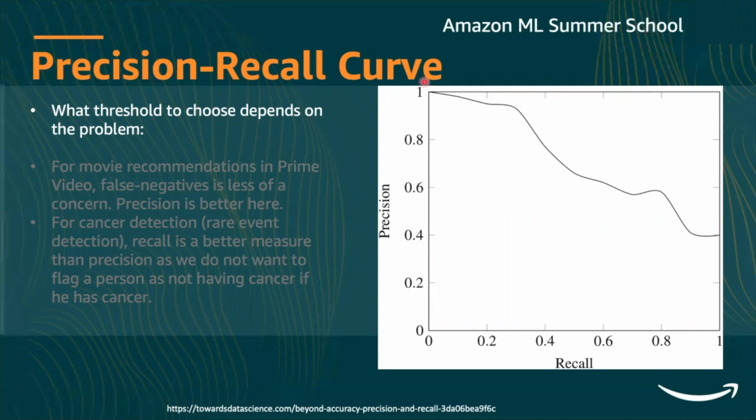On the right hand side, you'll see a precision recall curve. On the y-axis, you have precision. On the x-axis, you have recall. And this plot is basically you select different thresholds, and for each threshold, you compute precision and recall. Let's say for a threshold of 0.9, 0.8, 0.7, 0.6, 0.5, 0.4, 0.3, 0.2, 0.1, and 0, right? And you get a curve.